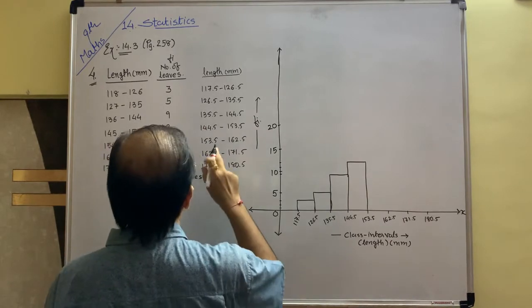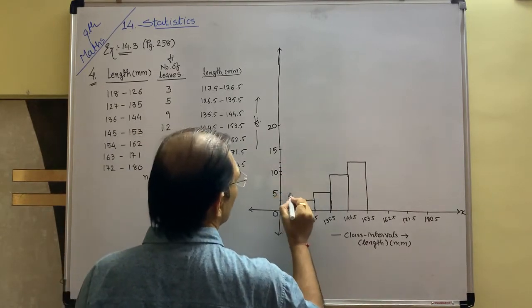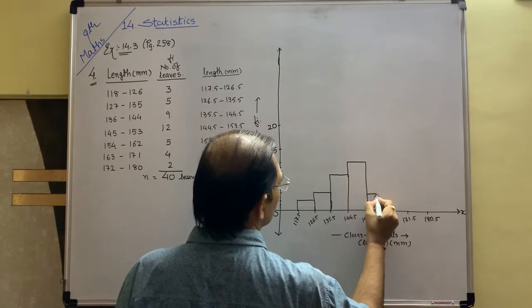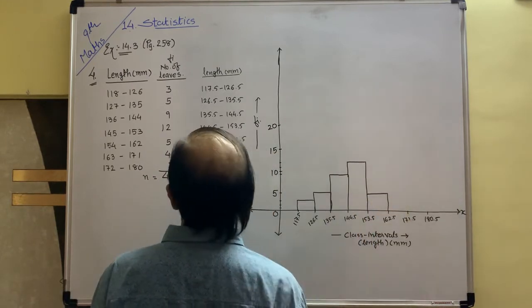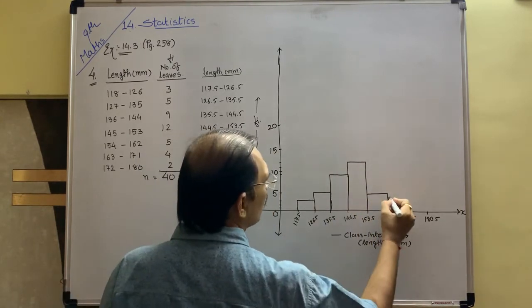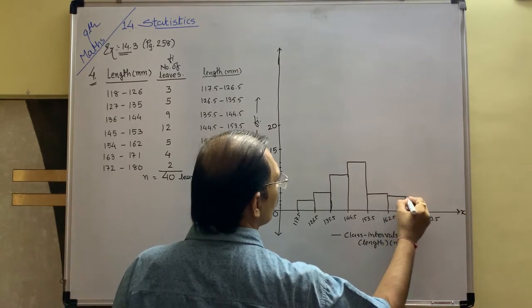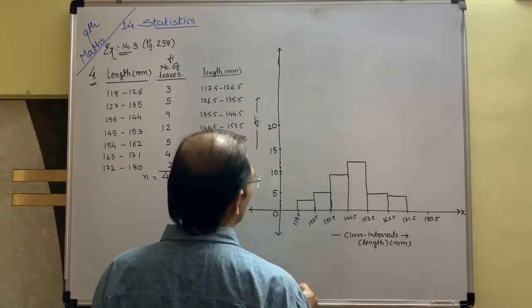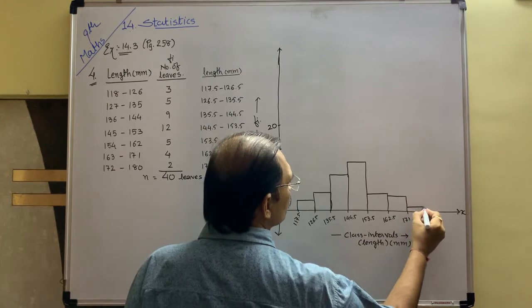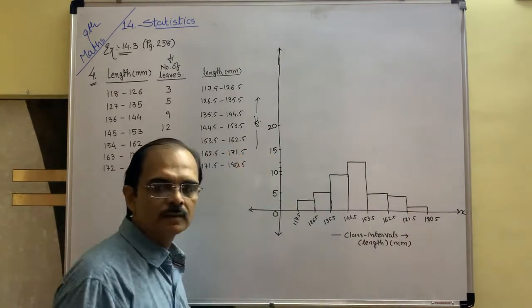Then 5, once again down. Then 4, 1 below 5, and then 2. Okay, this is the graph.